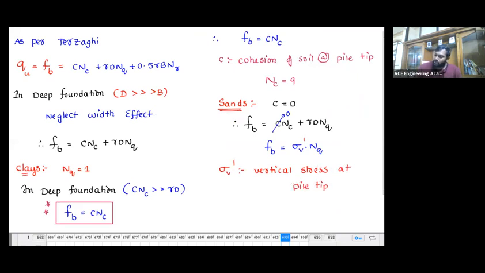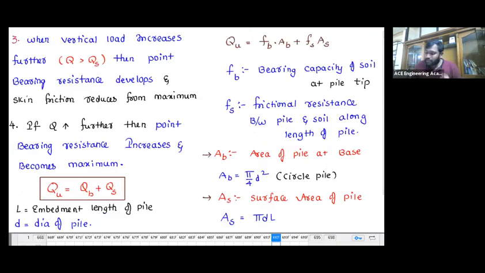So now I know the bearing capacity in the case of clay soils and in the case of sand soils. I derived this from Terzaghi only.